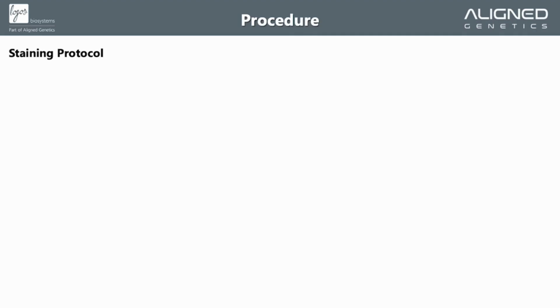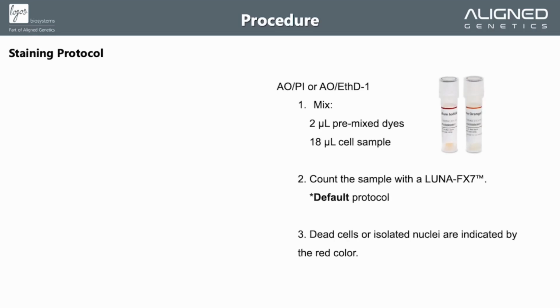Speaking of fluorescent dyes, let's cover the fluorescent dye staining protocol when using AOPI and AO ethidium homodimer staining. When using these dyes, you can simply mix your fluorescent dyes with your cell samples in a 1:9 ratio. Load your samples onto a desirable cell counting slide and count the sample using the Luna FX7 with the default protocol.